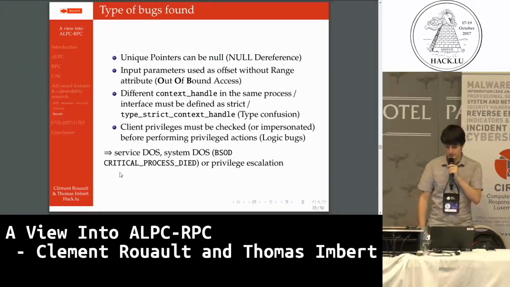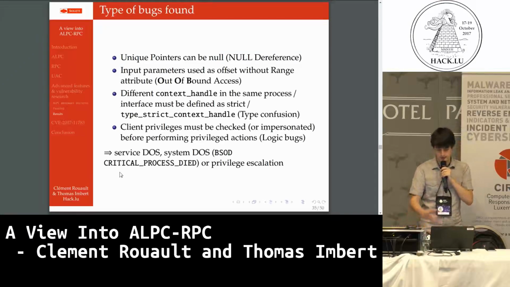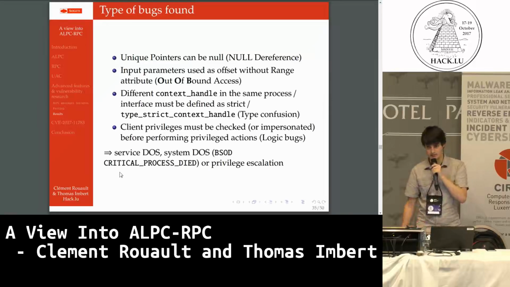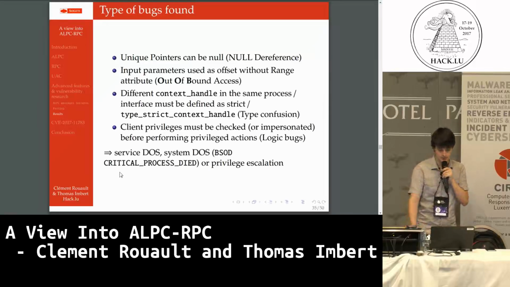Microsoft has a way to fix it using type strict context handle. And we also found some logical bugs because the client privileges were not checked. All of these bugs can lead to service DOS, so a crash in the service, a system DOS with a blue screen if a critical process died because the service was running in a critical process, or even privilege escalation.